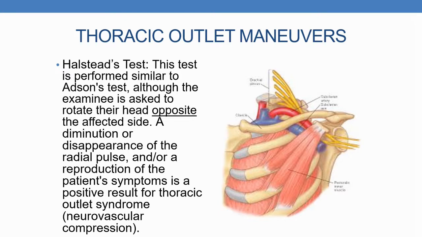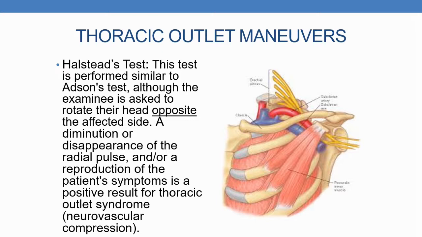Now, Halstead's test is performed similar to Adson's test. In fact, it's exactly the same, although with Halstead's maneuver, the examinee is asked to rotate their head opposite to the affected side, thereby further contracting down the scalene muscles.